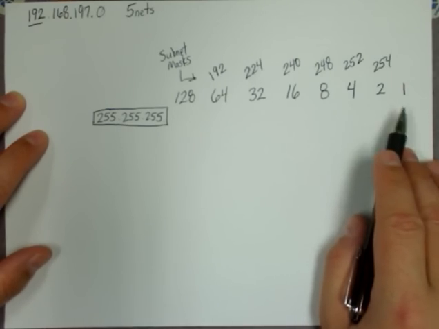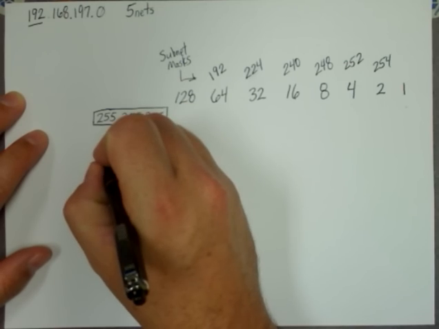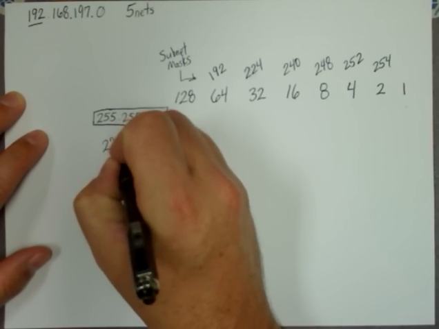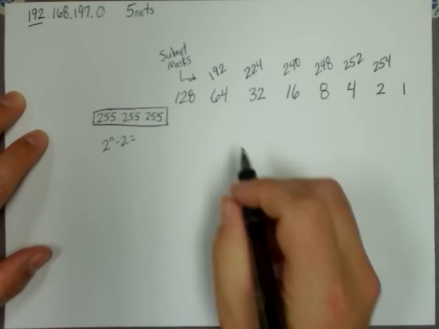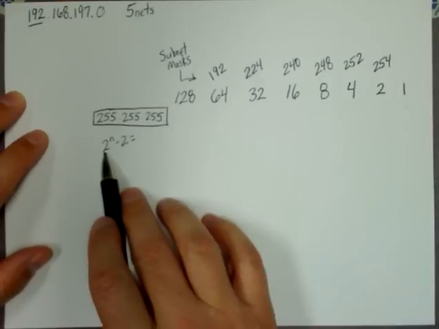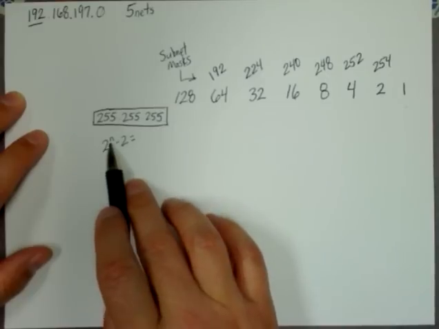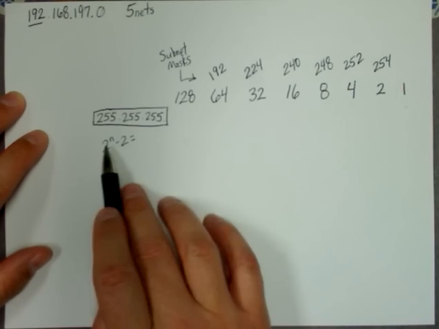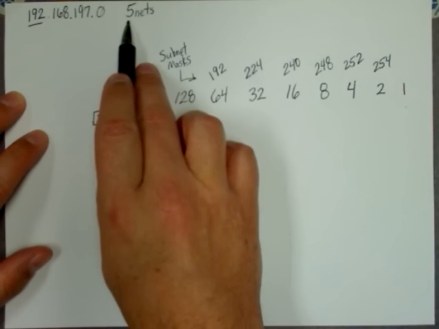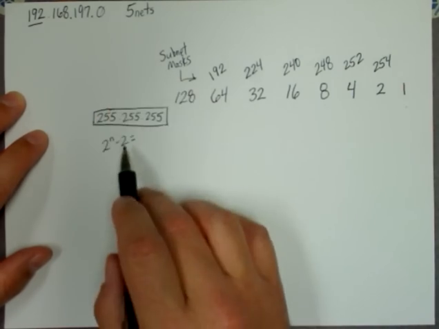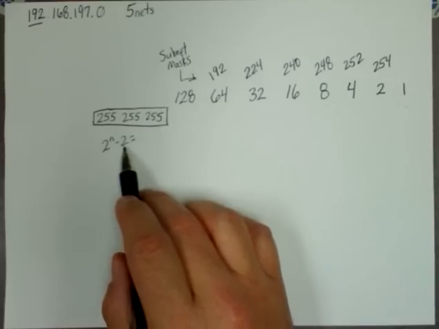The next thing I want to do is utilize an equation. 2^n minus 2 equals. That 2 is a representation of the binary. The n is how many bits we'll be borrowing from this last octet to accommodate our number of networks that we need to support. And the minus 2 is for not using the network number and the broadcast, or the 0 network and the all ones network.